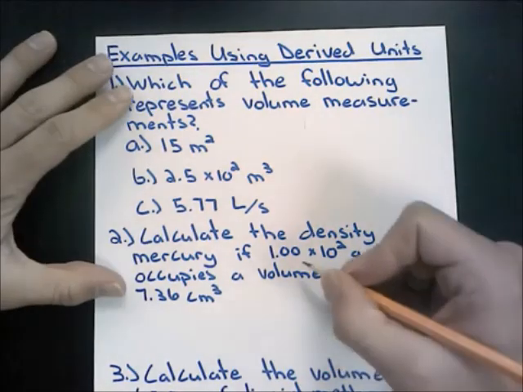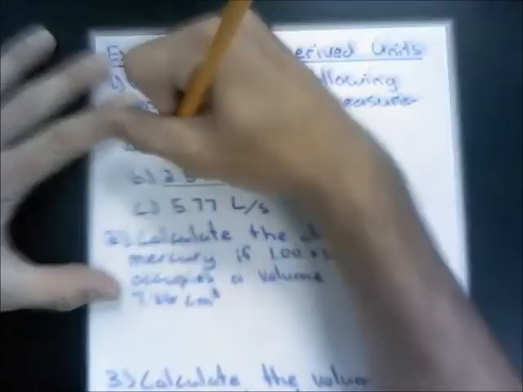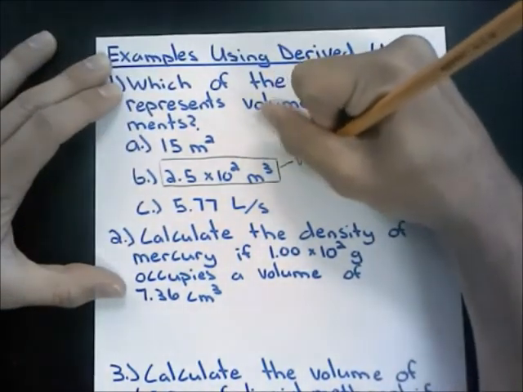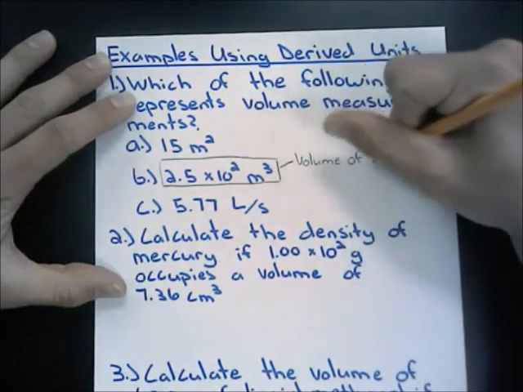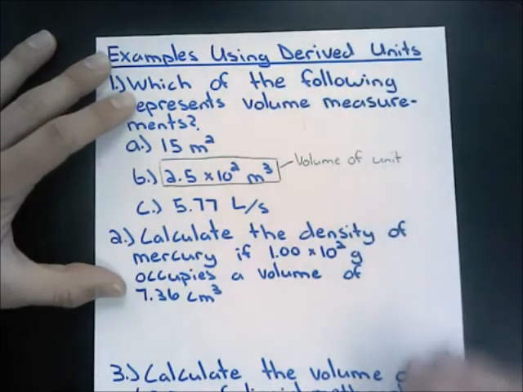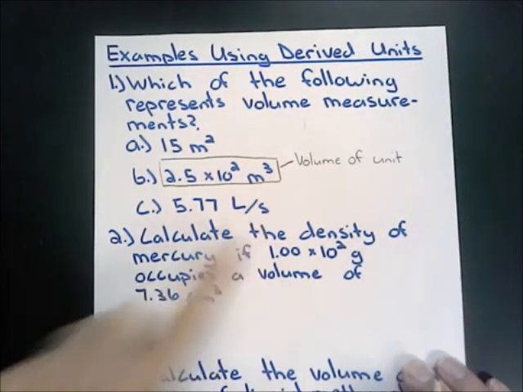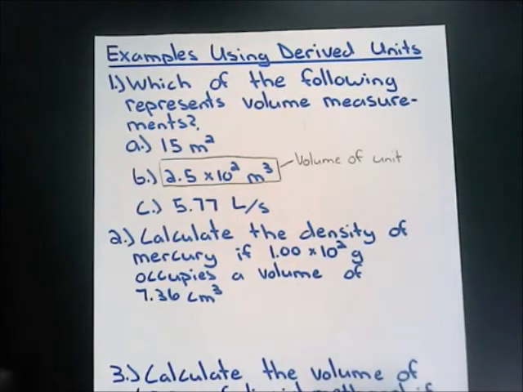And so this answer B would be the correct unit. And the reason that C is not the choice is because it's liters per second. So that's a rate that we don't want.